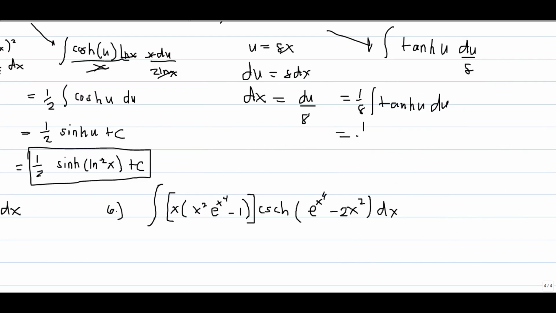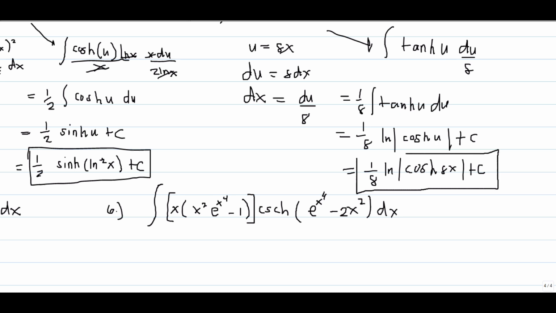So this would be equal to 1 over 8 ln cosh u plus c. Then substitute u, which is 8x. Therefore, 1 over 8 ln cosh 8x plus c. This would be the final answer.